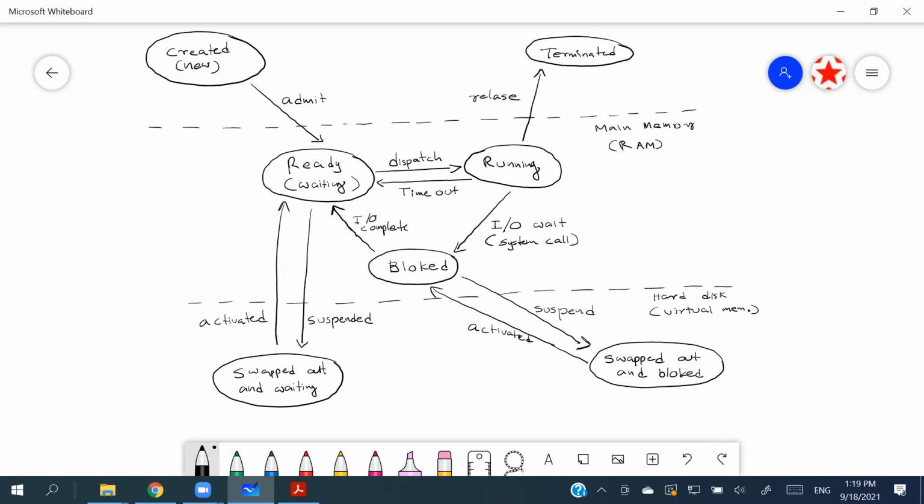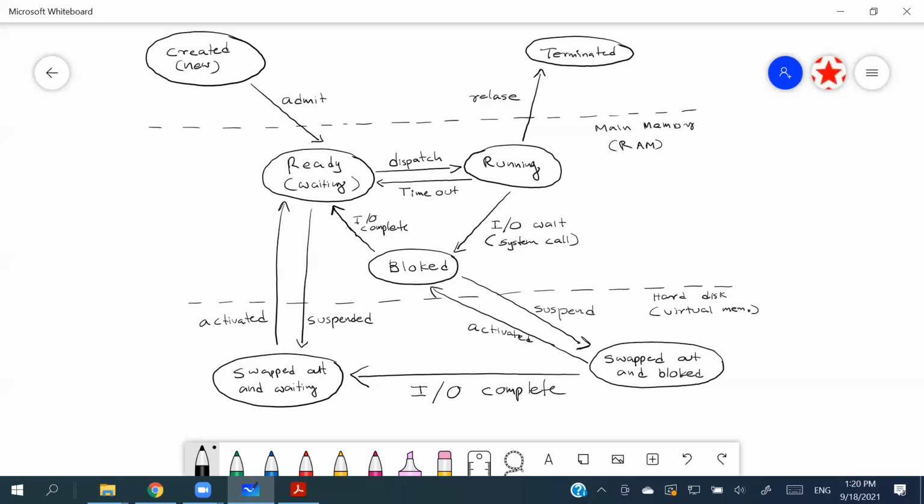If the IO completion happens while it is swapped to the hard disk, the state will be changed to swapped out and waiting due to the IO completion. Then later it will be swapped back to the RAM, to the waiting state, then will be given the chance to run, and then it will finish its work.